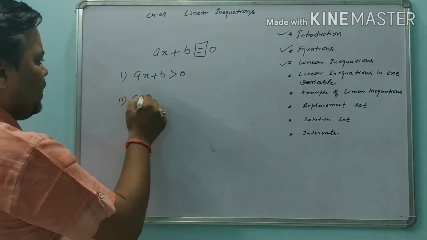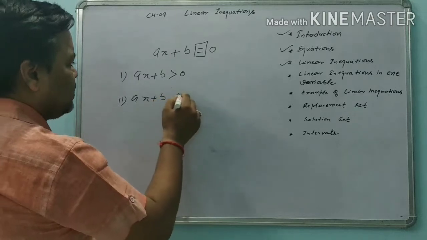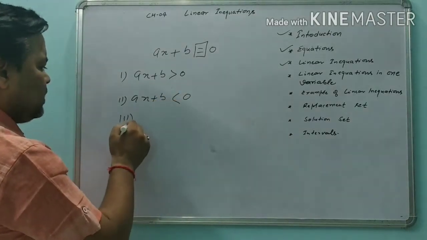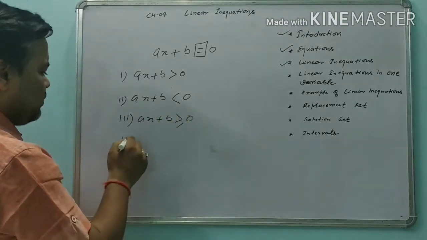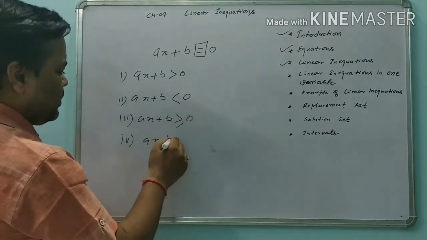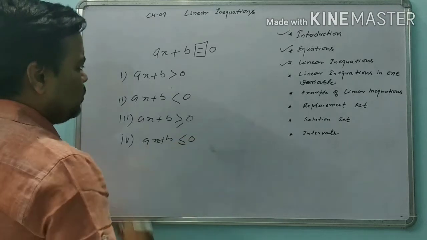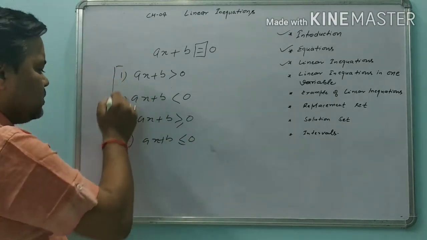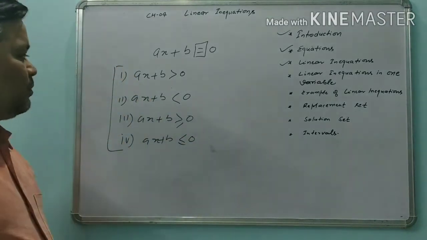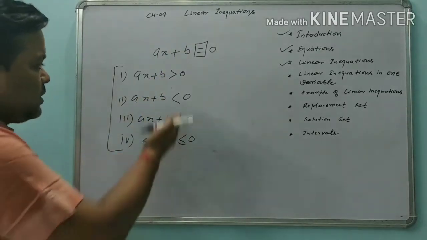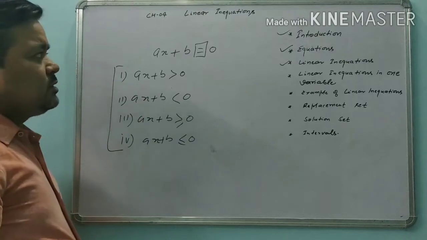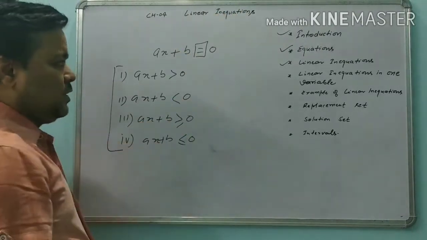Second case, ax plus b less than 0. The third case, ax plus b greater than or equal to 0. And the fourth case, ax plus b less than or equal to 0. Then all these situations belong to linear inequations. All this type of situation is linear inequation.